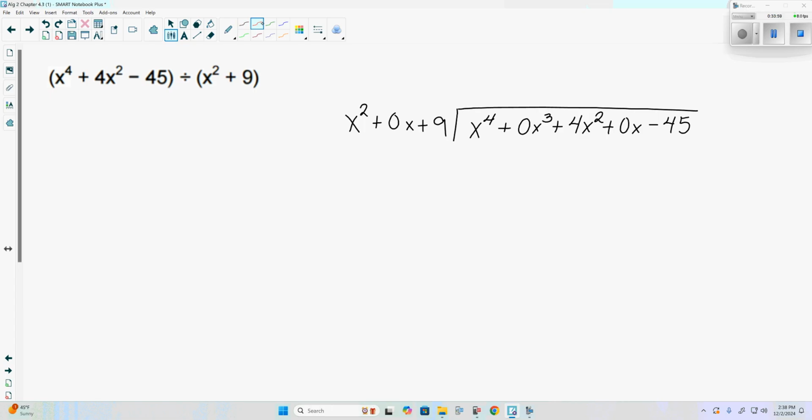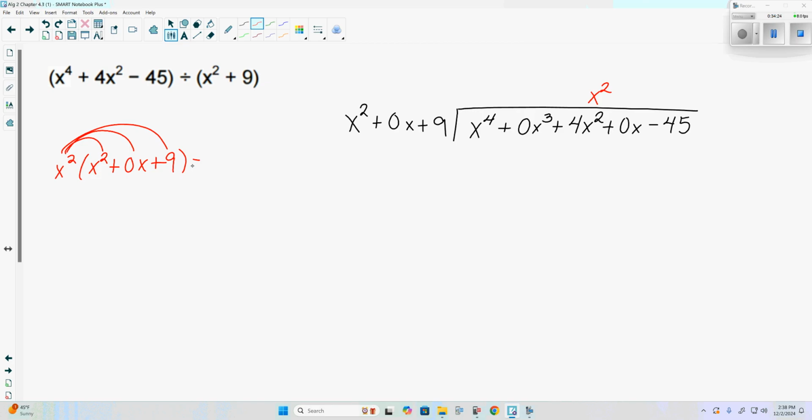Questions on how we set this up? What times x squared gives us x to the fourth? X squared. And we'll put it over our x squared term. And just like we've been doing, we're going to do x squared times our x squared plus 0x plus 9.